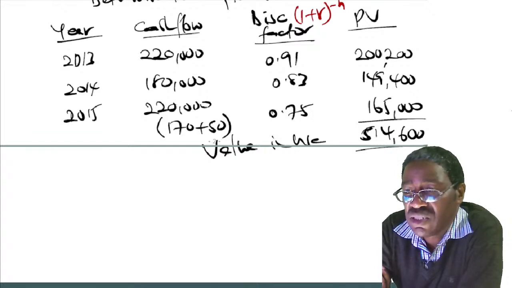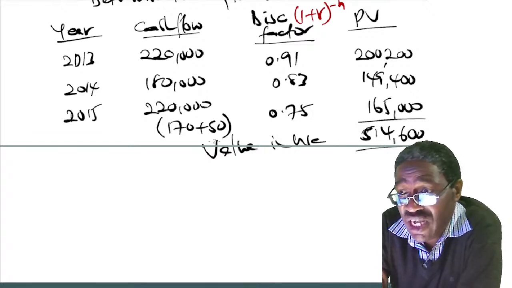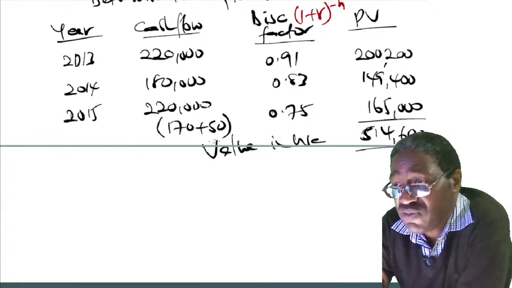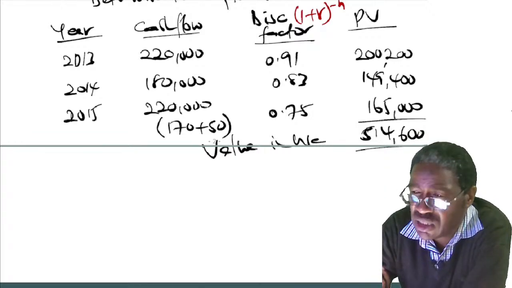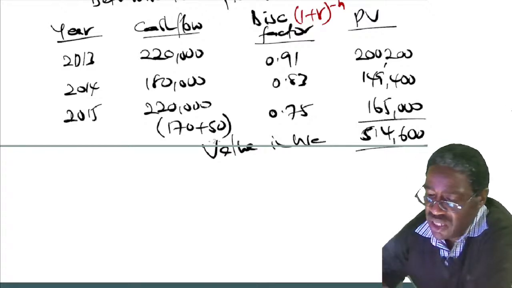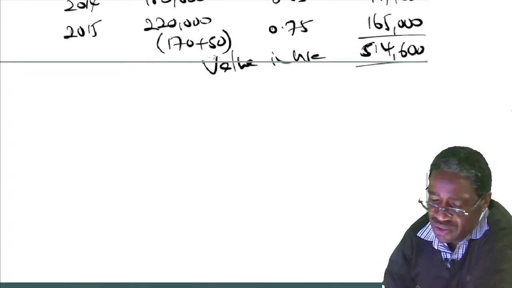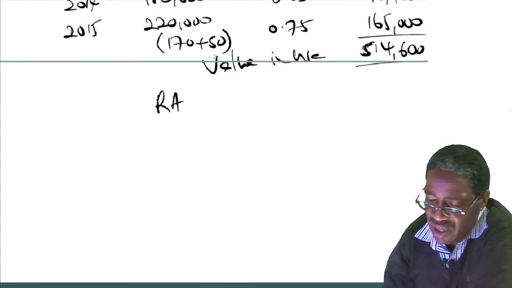See it? Since the plant did not have a net realizable value, then its value in use, shillings 514,600, becomes the recoverable amount. Good. That is what we have there as our recoverable amount.